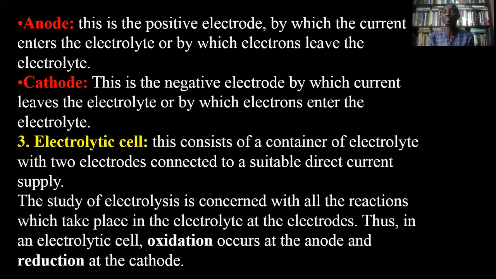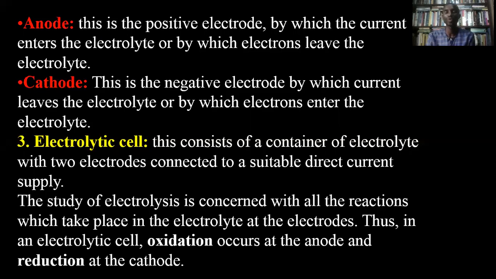So the anode is the positive electrode by which current enters the electrolyte, or by which electrons leave the electrolyte. Still remember, anode is the positive electrode, cathode is the negative electrode. Current leaves the electrolyte through the cathode.